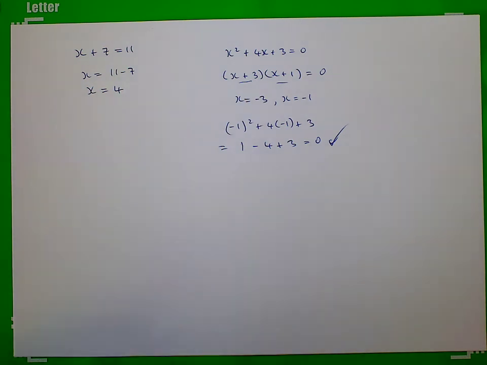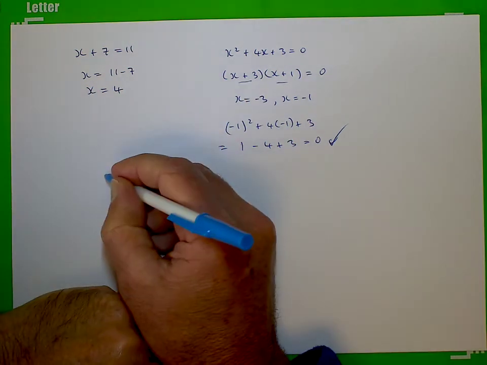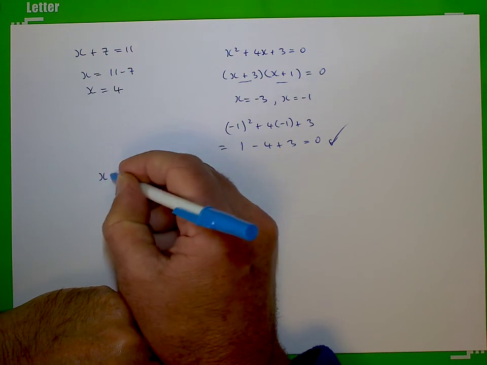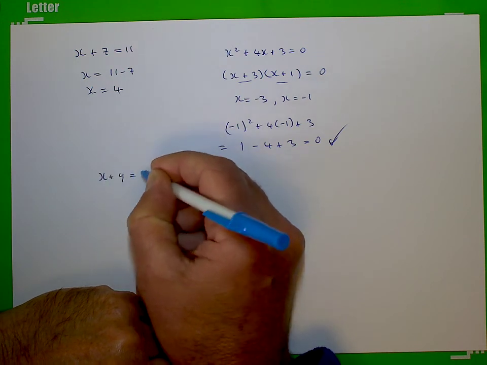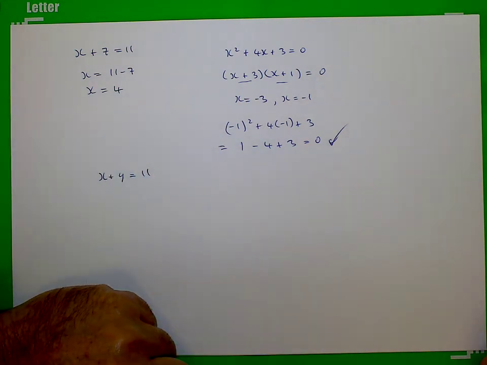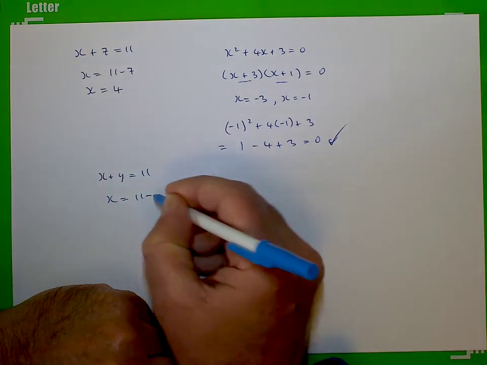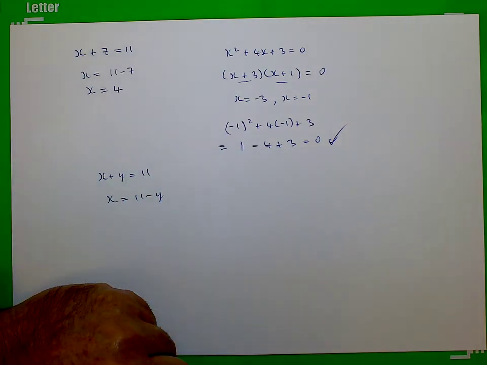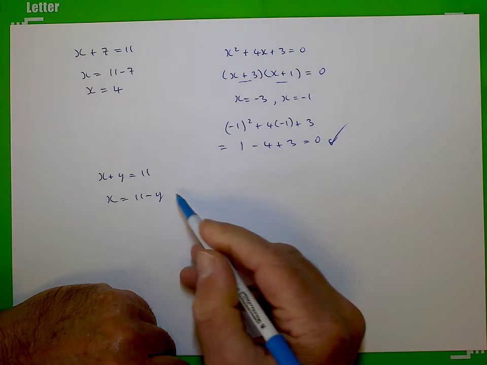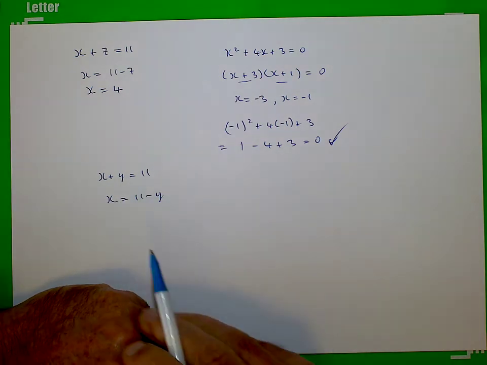Okay, what about if we have x plus y equals 11? Well, same as above, x equals 11 minus y. So if you tell me a value of y, I can tell you the value of x.